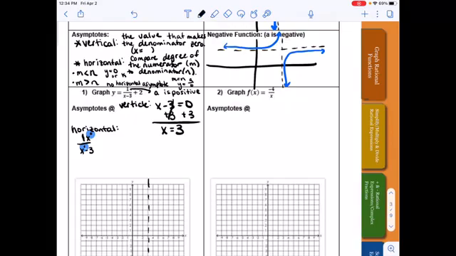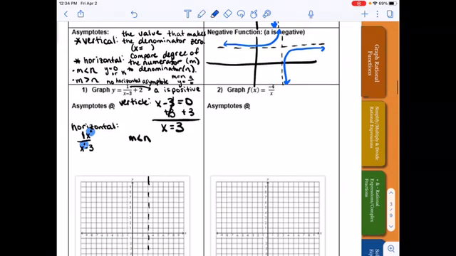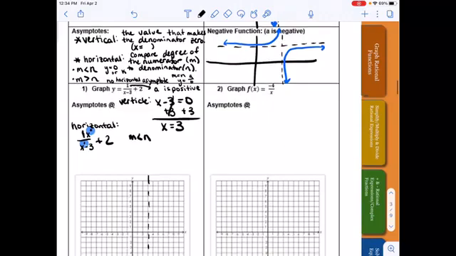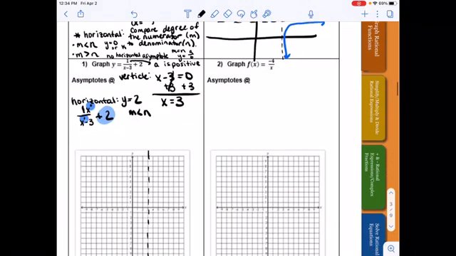So we know m is less than n, our numerator is less than our denominator. So y equals either 0 or our k value. Now we do have a k value. So our horizontal asymptote is going to equal 2. So y equals 2 is our horizontal asymptote.